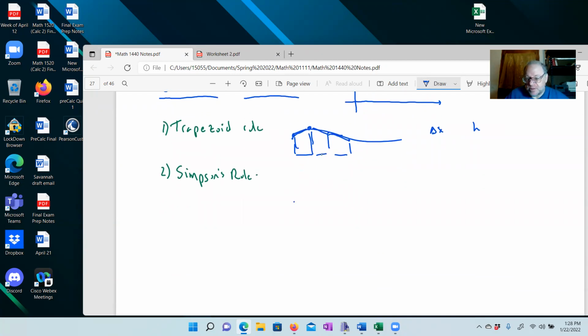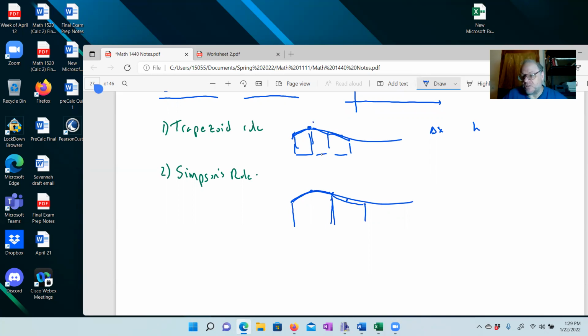Simpson's rule is a similar idea, but instead of connecting the dots with a straight line, we're going to connect 3 dots and approximate a parabola for it, because we can figure out the area below a parabola pretty well. So we'll have something here, and we'll have a different parabola. The way this works is, we need 2 points to make a straight line.